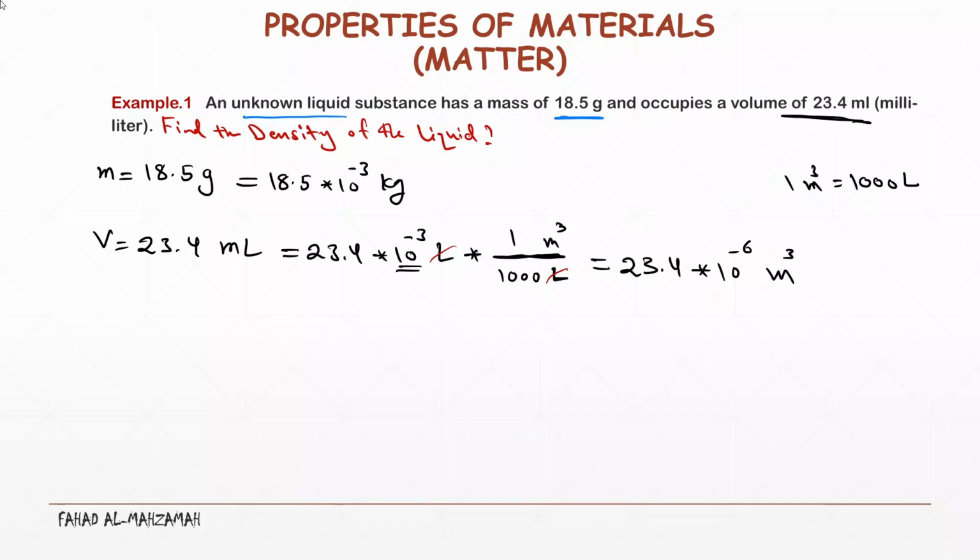So the density simply has a formula of mass over volume. Now let's substitute the values.